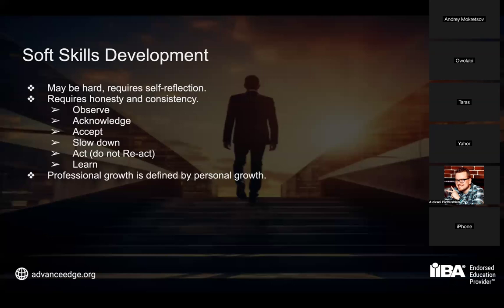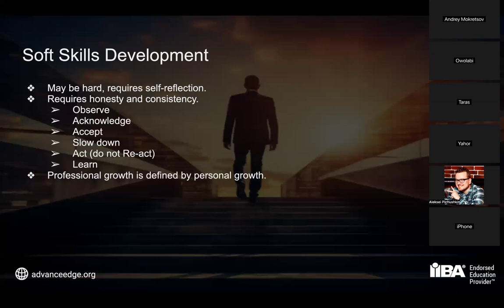And when we talk about soft skills development, everything starts with your observation and self-reflection. Then you acknowledge, saying, well, yes, here I was pretty rude and this is not something that helps. Well, here I got demotivated because I heard this, but I understand that they said that because of so and so, right?